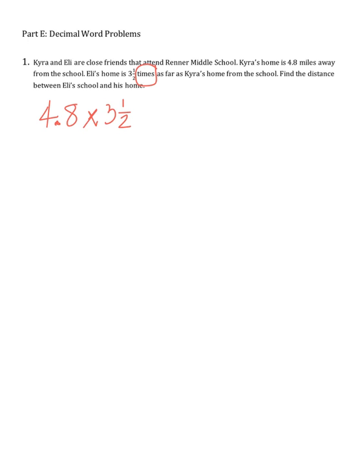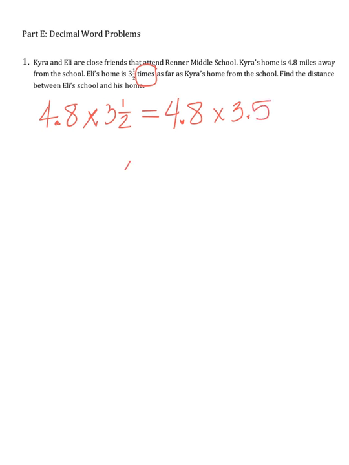Because we're focusing on decimals in this portion of the unit, I'm going to write both as decimals. 3 and 1/2 is equivalent to 3 and 5/10. So we are multiplying 4 and 8/10 by 3 and 5/10.